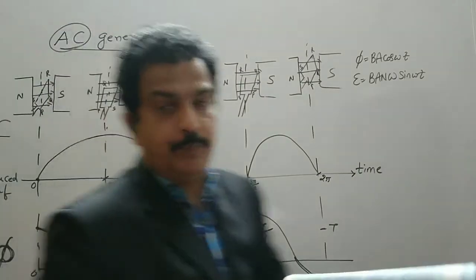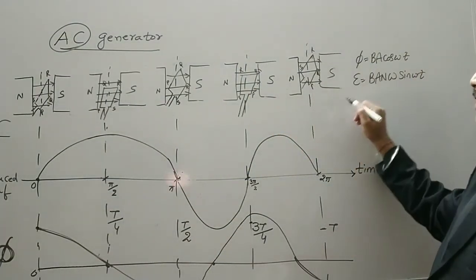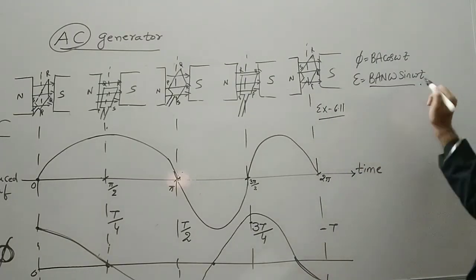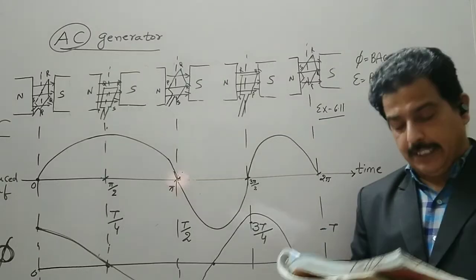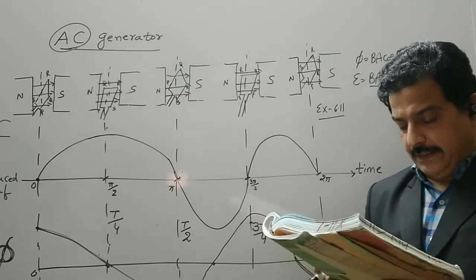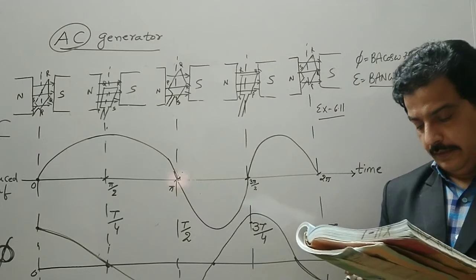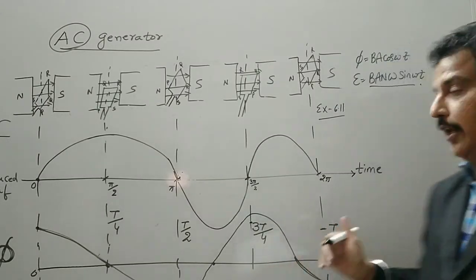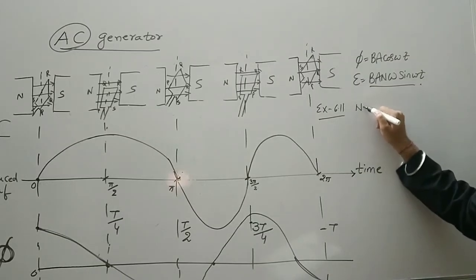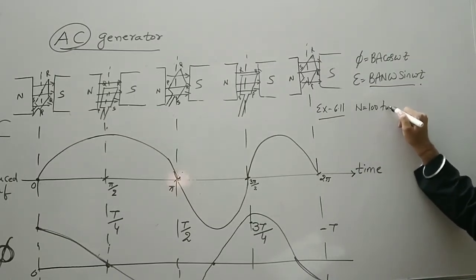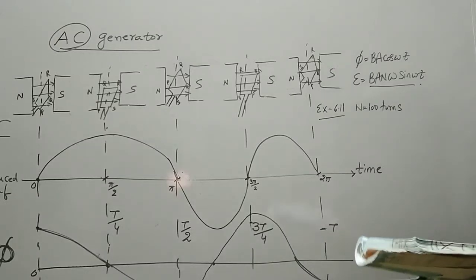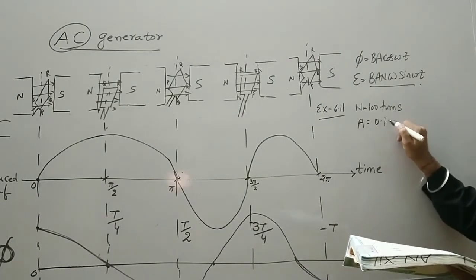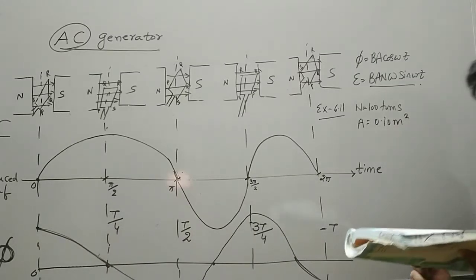Now let us see example 11, which is again a direct application of this formula. It is given that Kamla pedals a stationary bicycle, with the pedals of the bicycle attached to a 100-turn coil. So N is equal to 100 turns, of area A equal to 0.1 meter square.